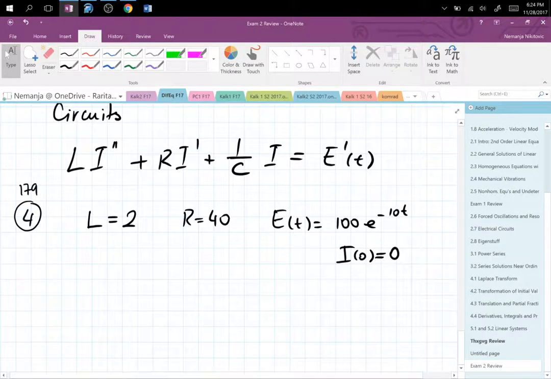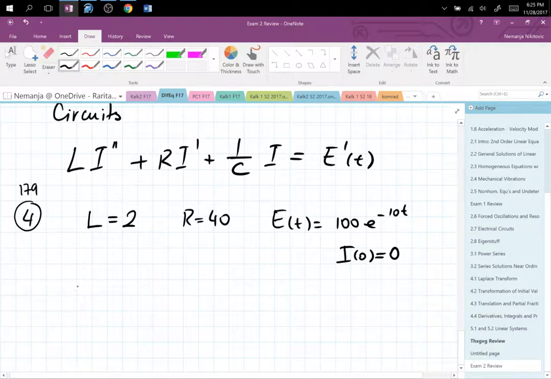So now we plug everything in. 2I double prime. What's happening with our C term? There's no C term, right?